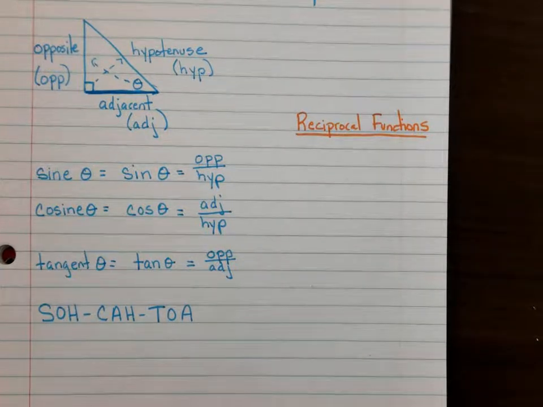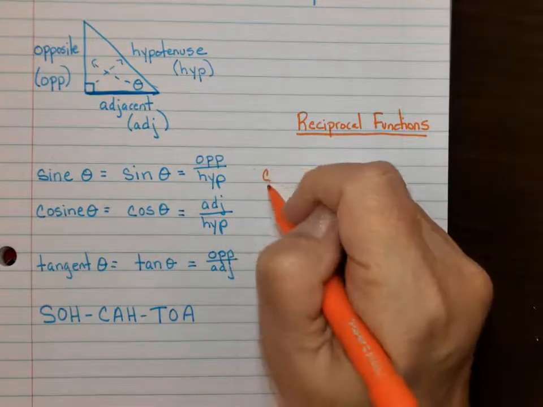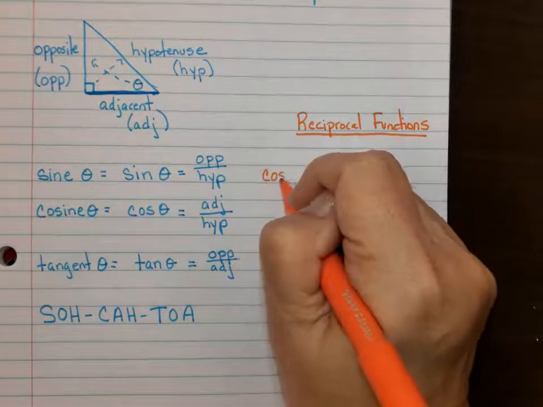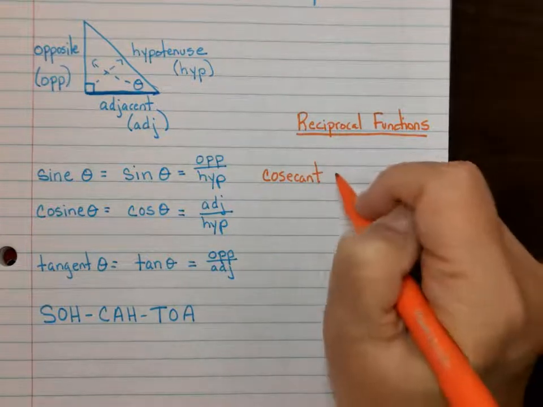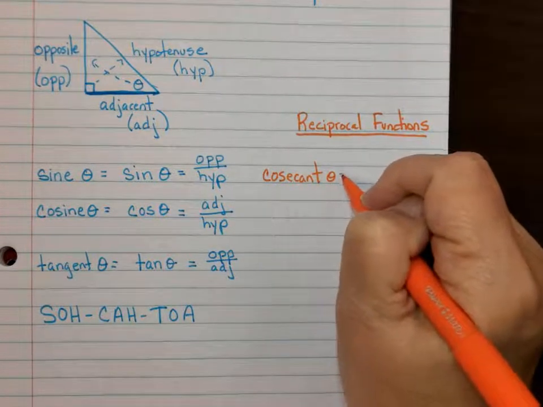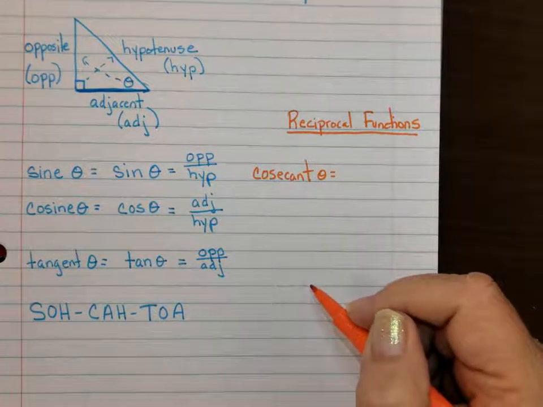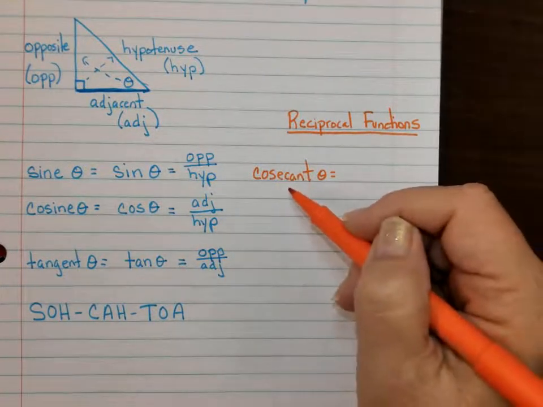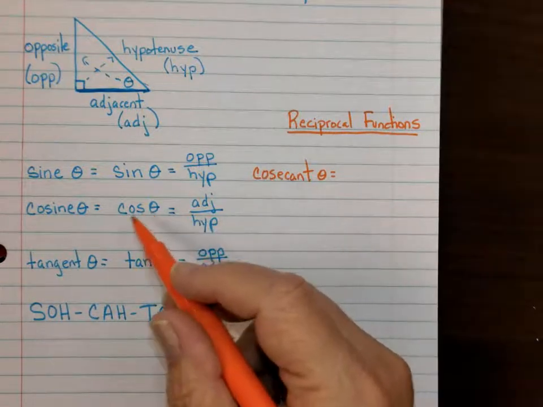And so the reciprocal functions, the reciprocal for sine is cosecant. So cosecant of theta, and we abbreviate it. Now we don't just start with the first 3 letters because that would be the same as cosine.